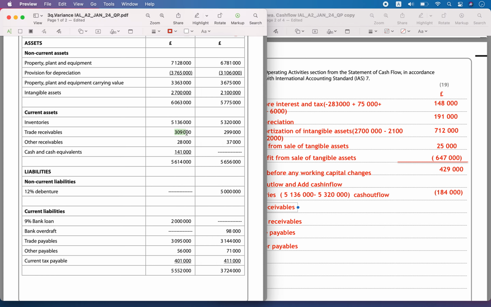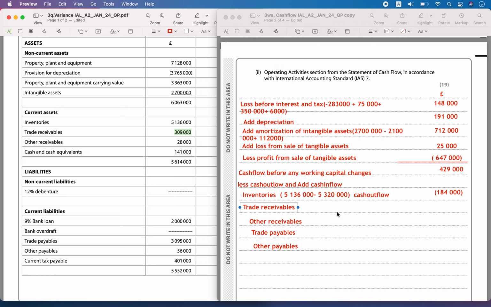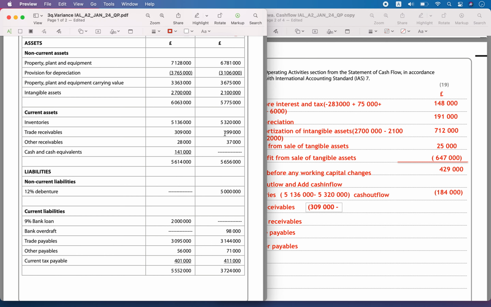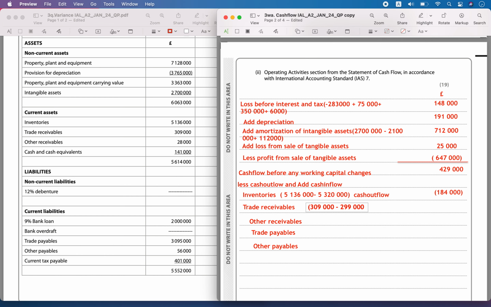Then trade receivables. Here we have seen it has decreased, from 309 to 299. This is a cash inflow into the business, and the amount is going to be 10,000.